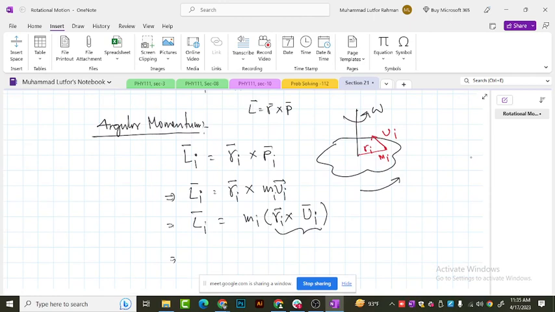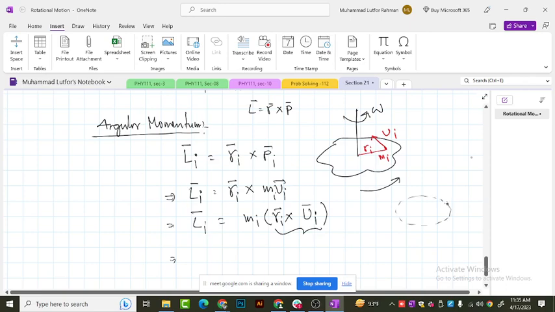So 90 degrees. It should be 90 degrees, exactly. It should always be, because we know that when a system rotates in a circular track, there is a velocity, and that velocity is always tangential to the path. Every time if you make an angle, this angle would be 90 degrees at any point, right? At any location you find, this velocity would be tangential to the path.